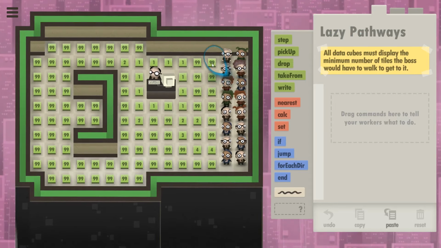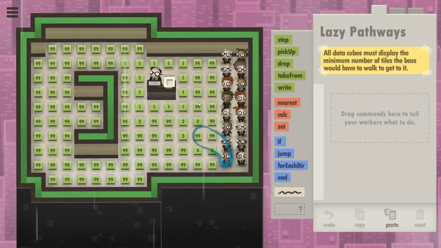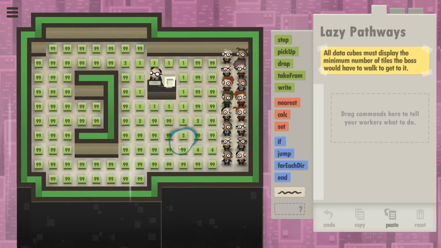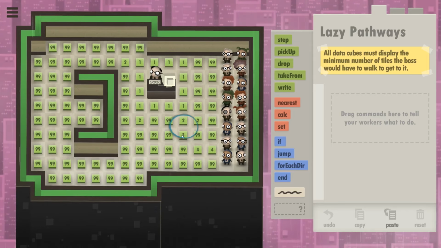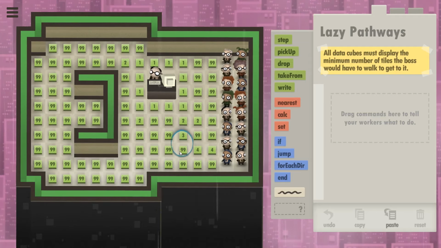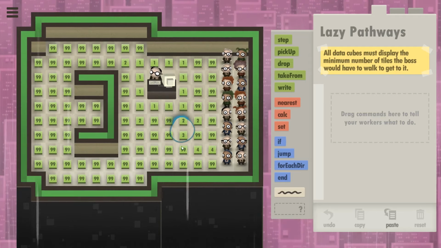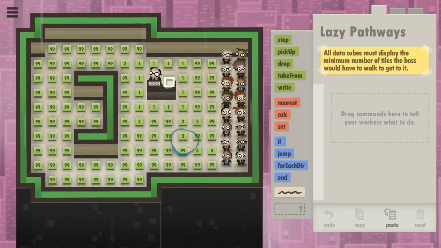So if I'm standing, let's pick a random spot here, the lowest number is 3. I put a 4 here.